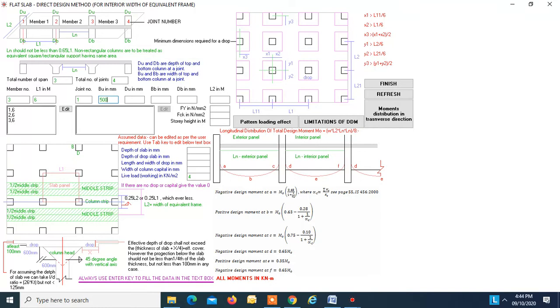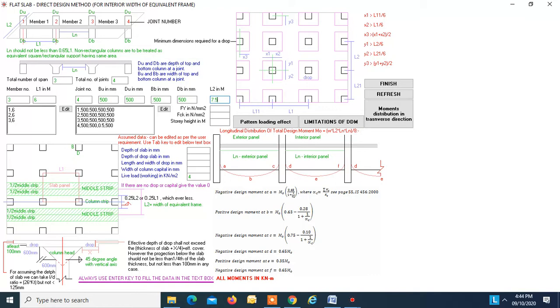So 500, press enter, 500, press enter, 500, 500, 500, 500.